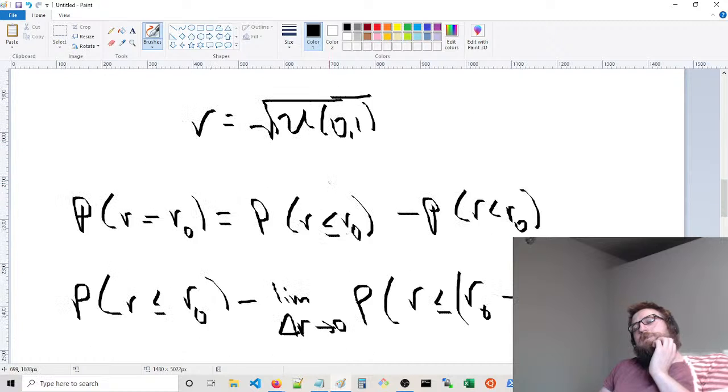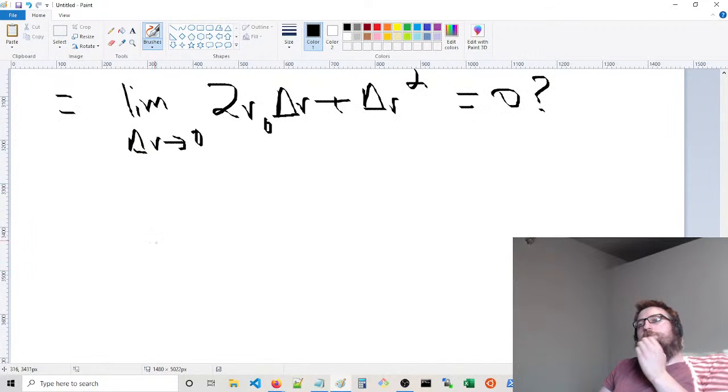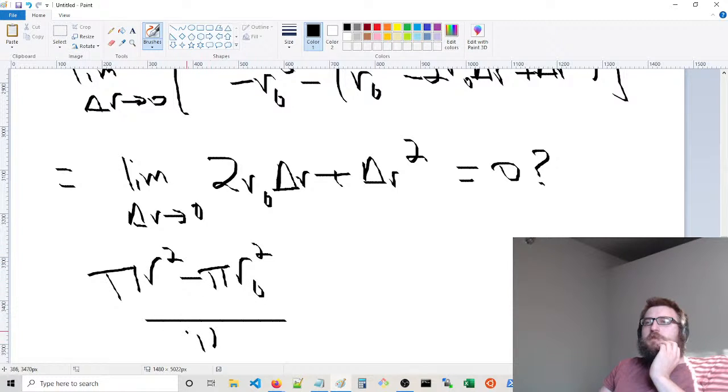You might think it's 0, close to 0, approaching 0. Clearly this is correct though: pi r squared minus pi r sub 0 squared over pi r squared.